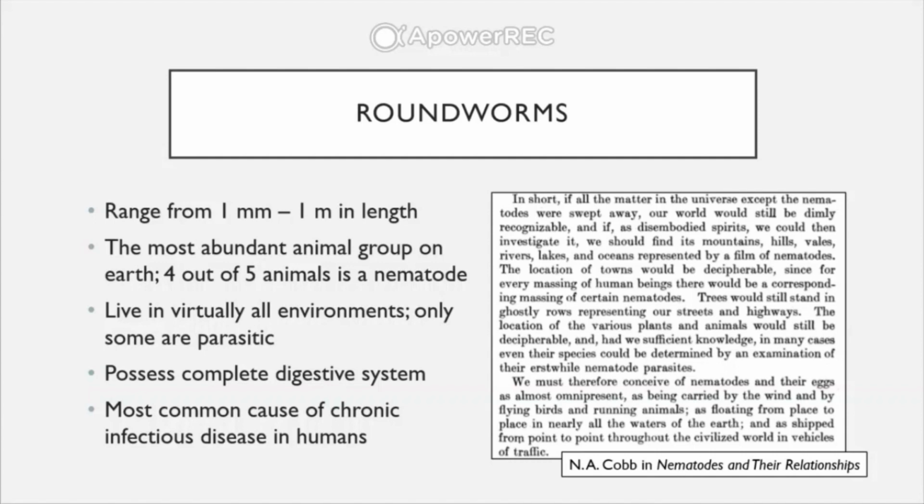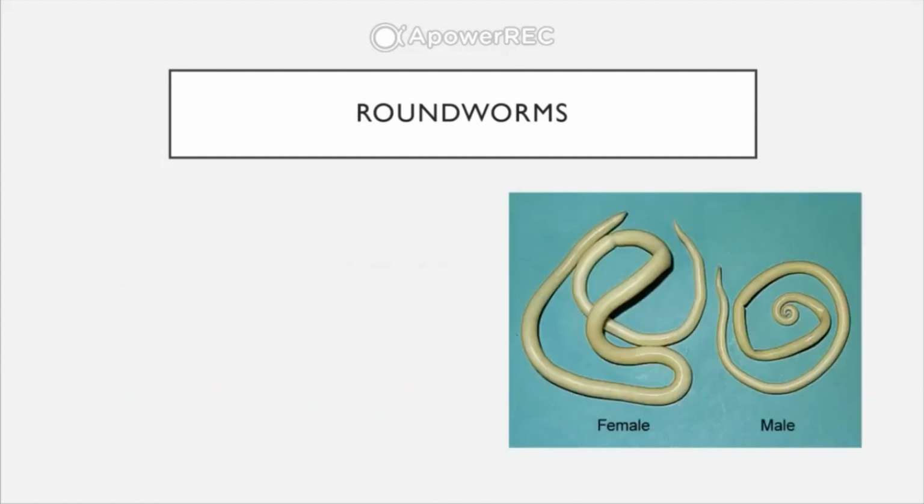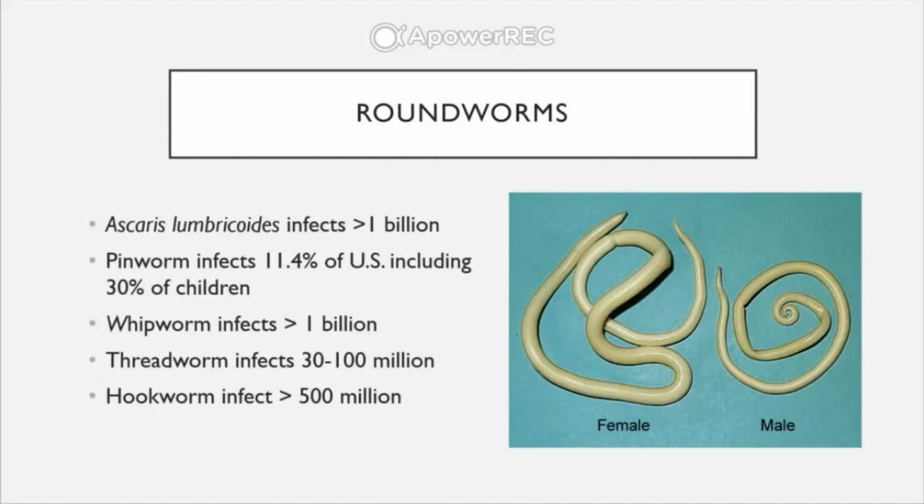They are different from what we've covered so far in that they have complete digestive systems, and they actually are the most common cause of chronic infectious disease in humans. We have the Ascaris lumbricoides, which infects greater than 1 billion people.